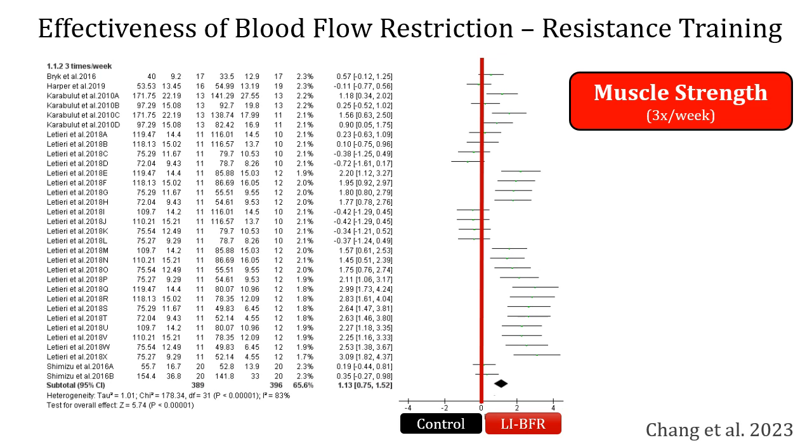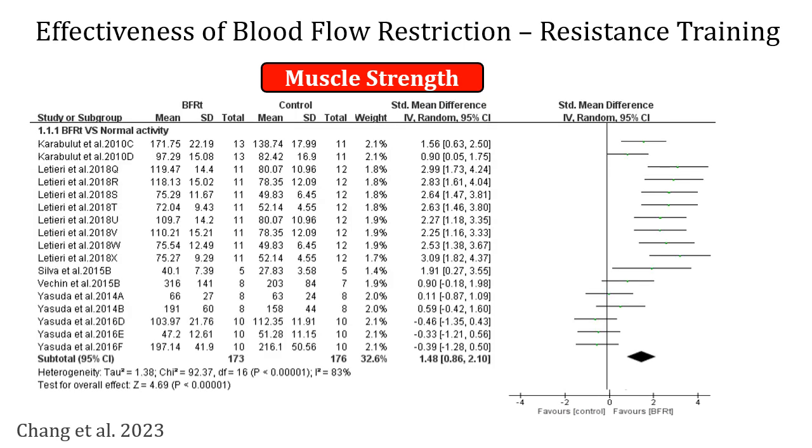So it looks like there is a frequency and dose response relationship, with 3 times a week being important for your post-middle-aged adult if the desired adaptation is muscle strength. And then muscle strength as compared between low intensity BFR versus your normal activity, once again favoring the BFR group.